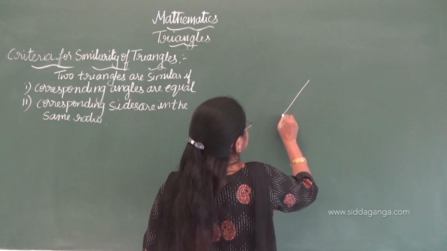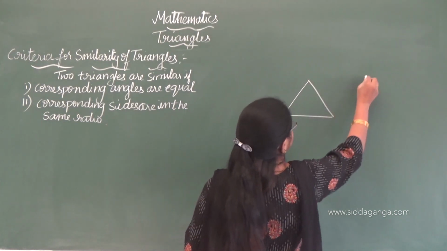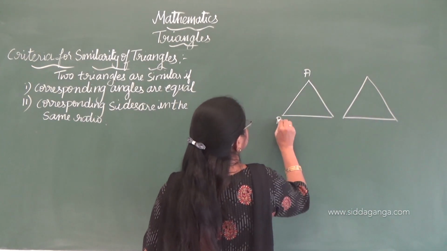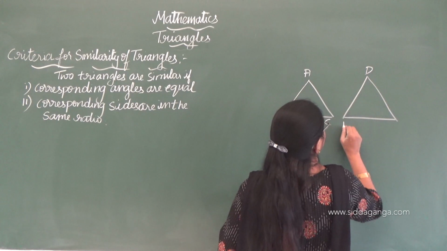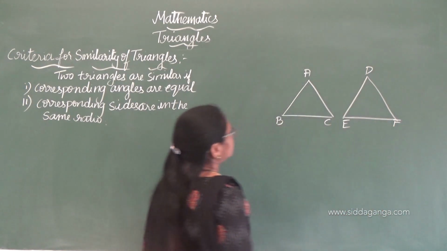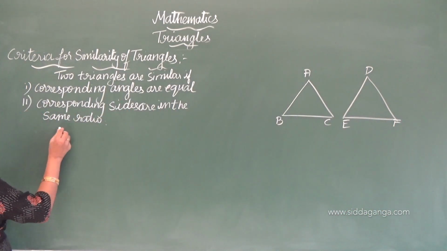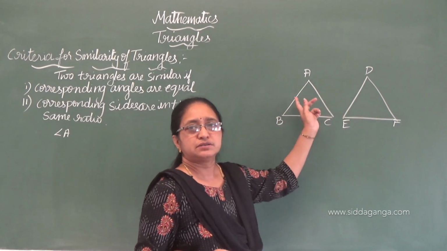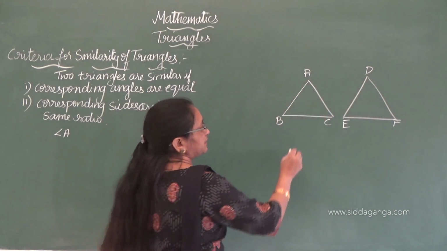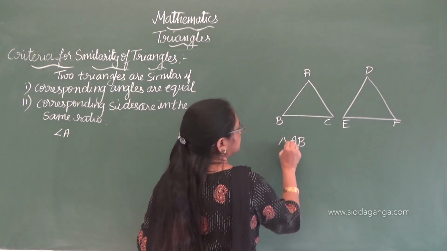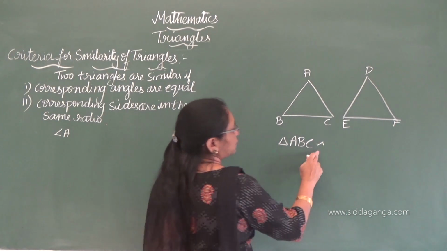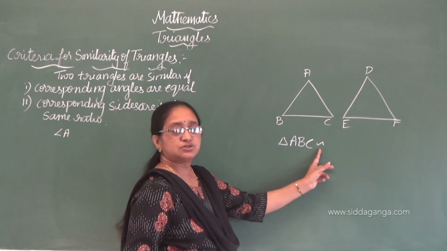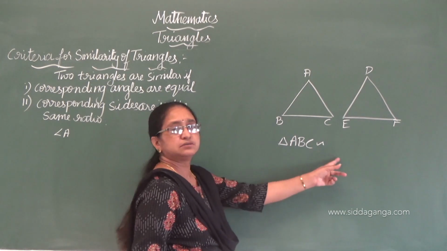For example, if we consider two triangles ABC and DEF, and I want to say that these two triangles are similar, I write triangle ABC is similar to triangle DEF. I hope you know this is the symbol which denotes the similarity of triangles.